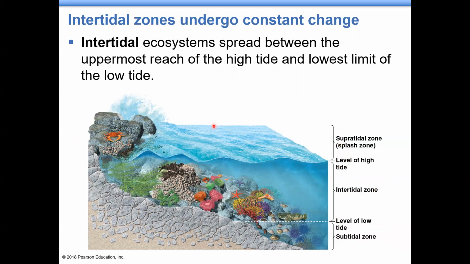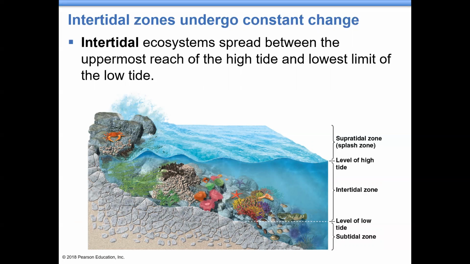During high tide, this area may be completely submerged in water. But by the time we get to low tide, the water is going to recede a bit in this diagram to about here. So that means this entire region here is then open to the air. So organisms living here need to be able to deal with a lot of change.